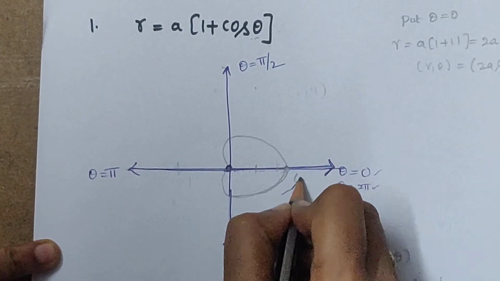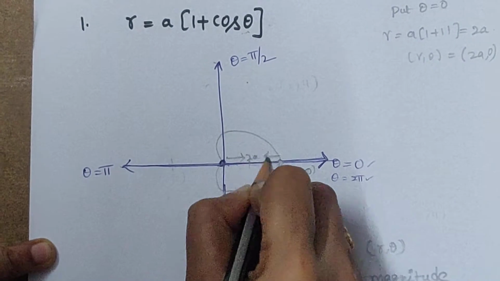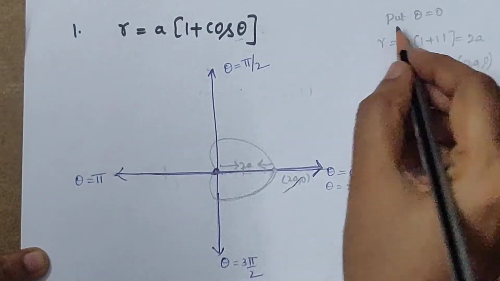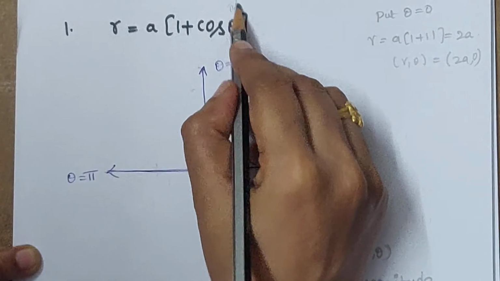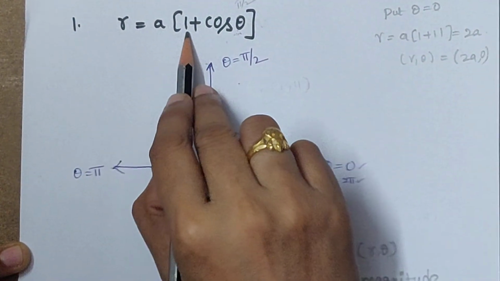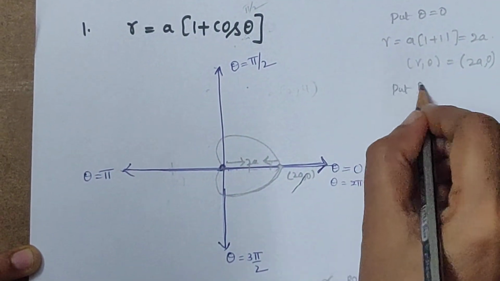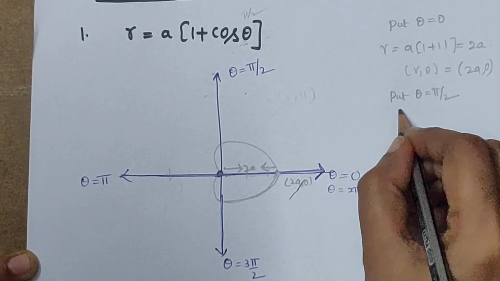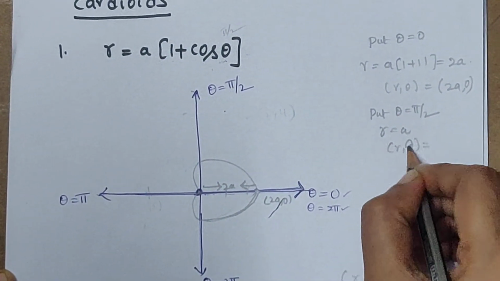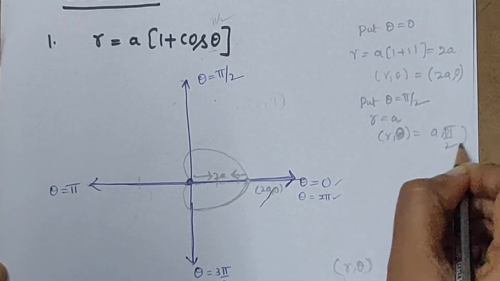This is the point 2a comma 0, which is 2a units distance in the direction of theta 0. Now if you put theta equal to pi by 2, cos pi by 2 is 0, so 0 plus 1 is 1. So if you put theta equal to pi by 2, r value becomes a. So the point r comma theta is a comma pi by 2.